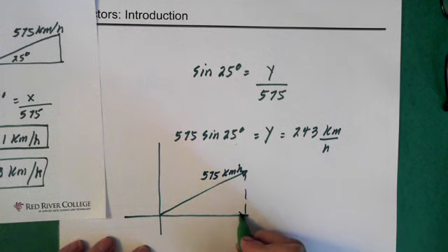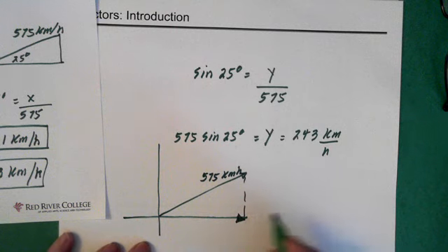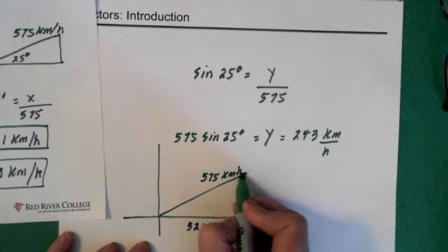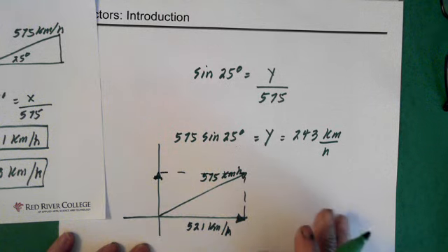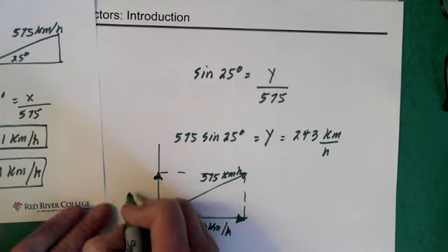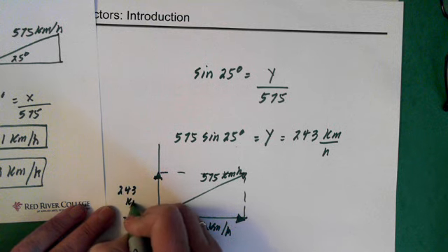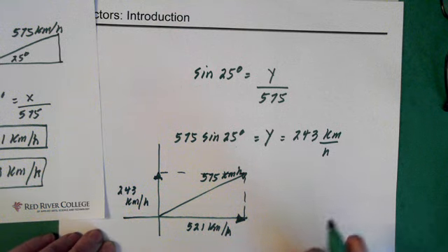We have the x component here, which is 521 kilometers per hour. And we have the y component of this vector right here, which is 243 kilometers per hour.